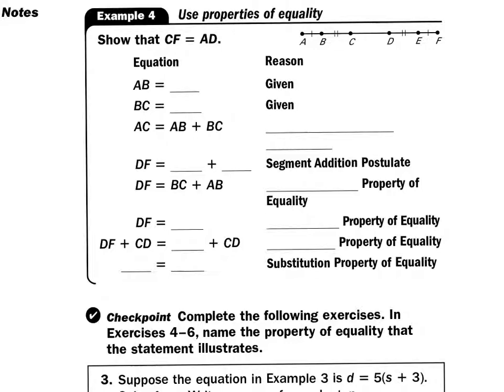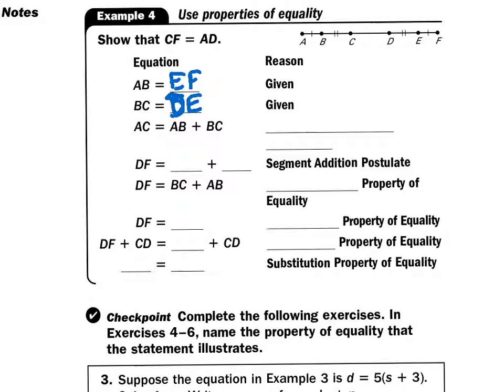It means that any segments that have the same number of hash marks are equal. So AB equals EF, and that is our given. And then BC equals DE, and that is our given.